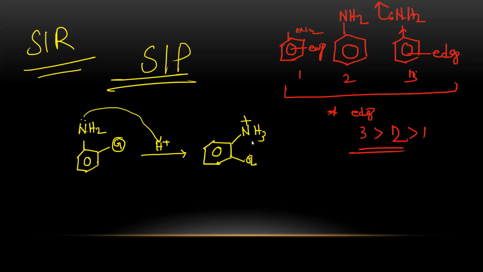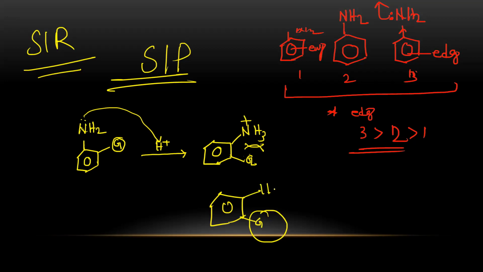This extra hydrogen will generate steric hindrance with that G group. And the more bulky the G group is, it will hinder the upcoming proton. So for example, in another case, the G group is very much bulky.